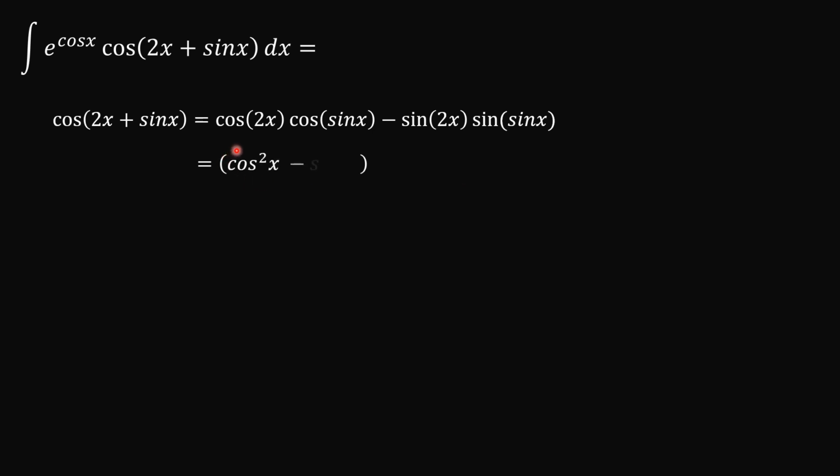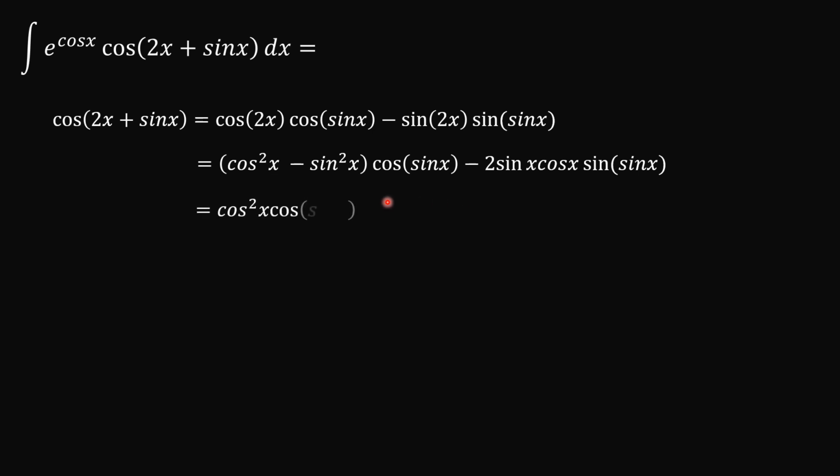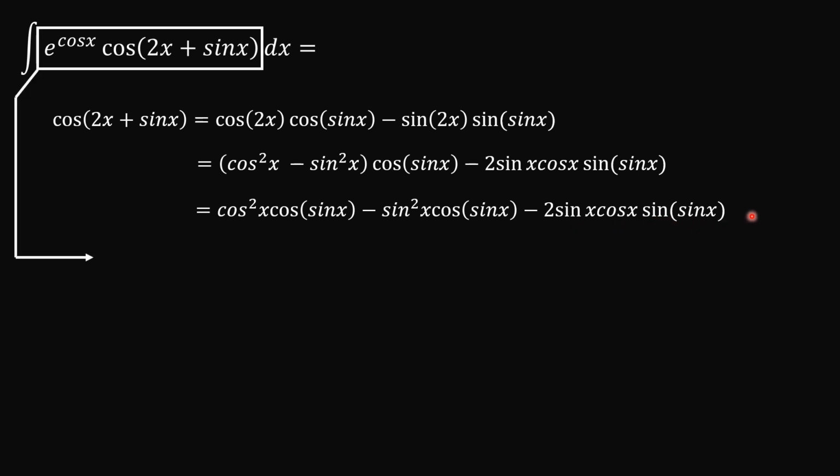Now expanding out the cosine 2x term results in cosine squared x minus sine squared x times cosine of sine x, minus, again expanding the sine 2x term, 2 sine x cosine x times sine of sine x. And then collecting like terms, we have cosine squared x cosine of sine x minus sine squared x cosine of sine x minus sine x cosine x sine of sine x.